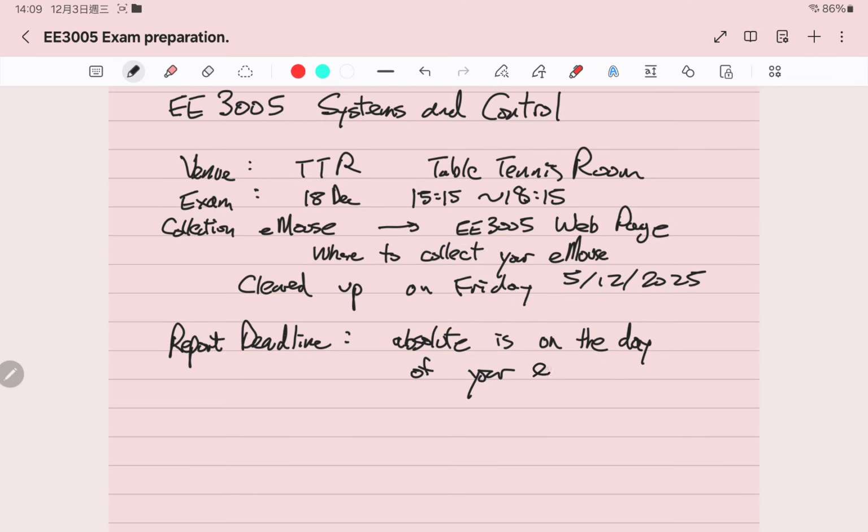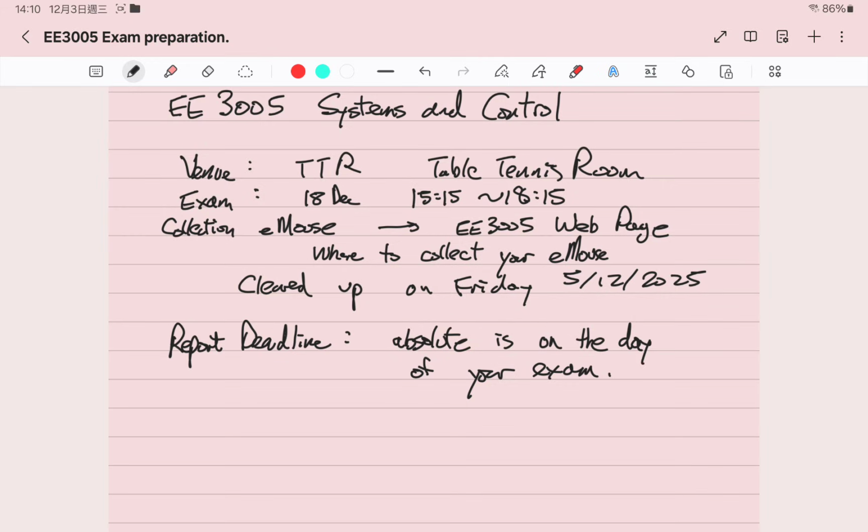So before you enter your exam hall, make sure that everything has been submitted online. During the exam, I will switch off the upload function, and you cannot upload your stuff. So make sure you do this.